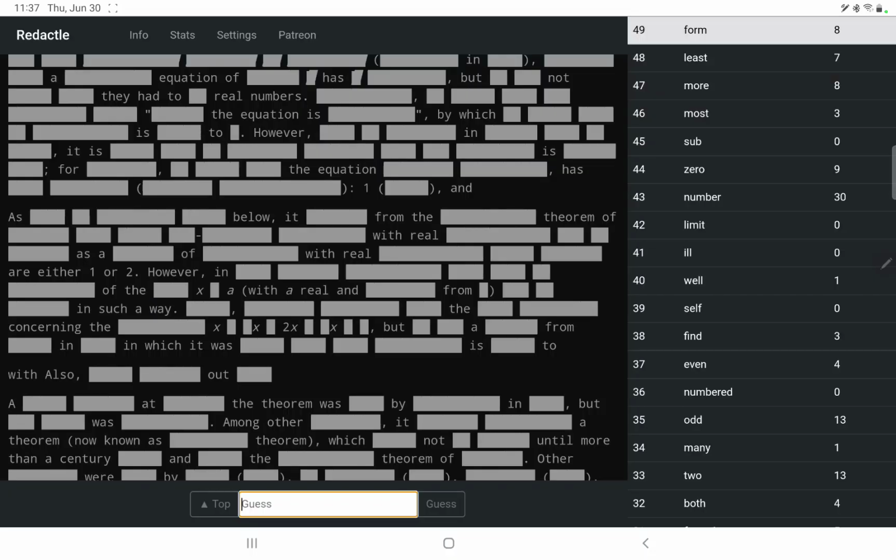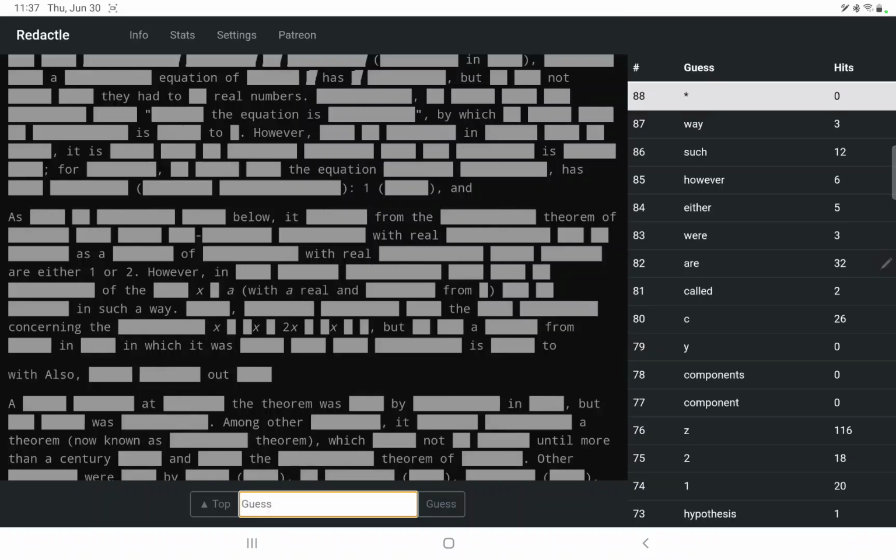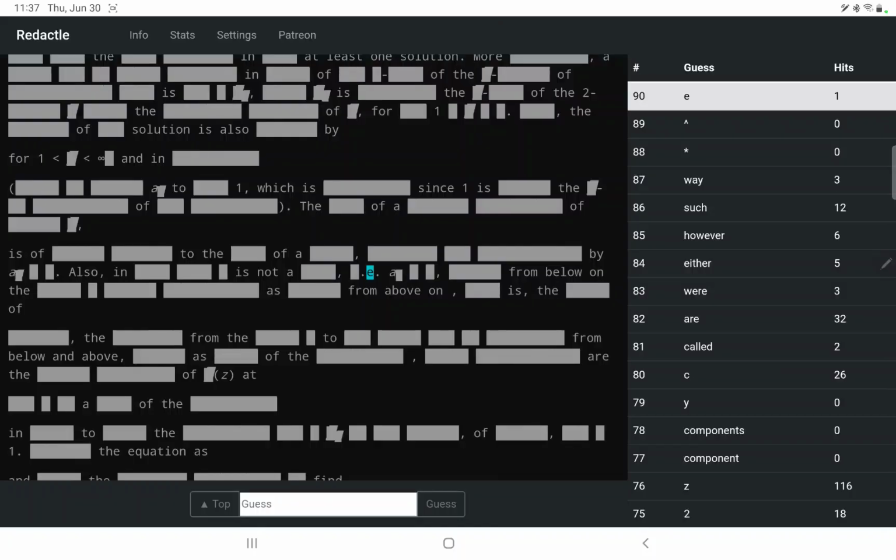I did form, I was thinking of the something X. I think an asterisk would not be redacted. No, it must be because they took it. So X, and how about caret? It takes it, but doesn't show any with a real and something from. E is an important mathematical letter.